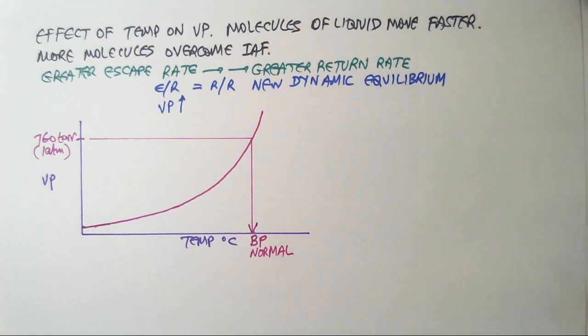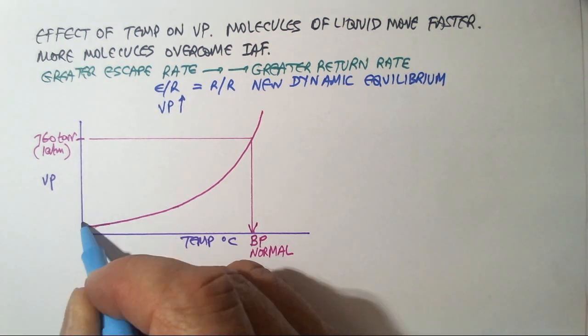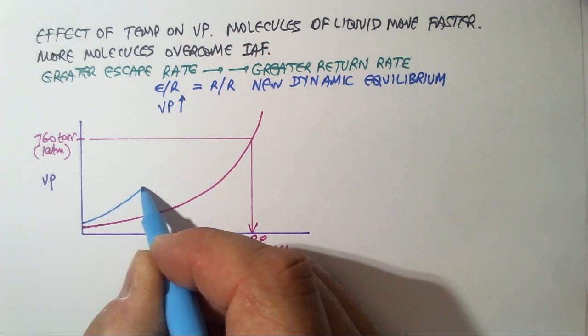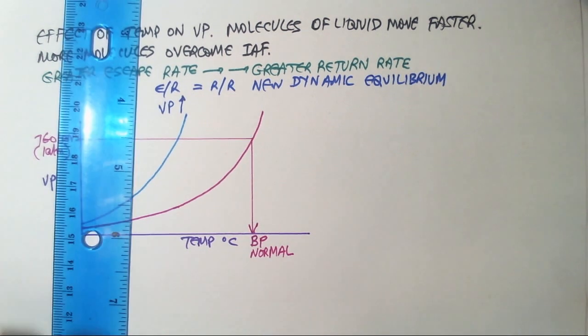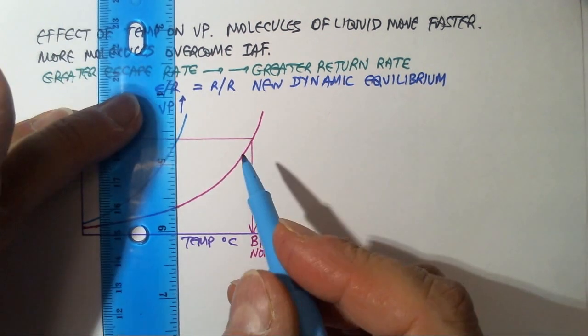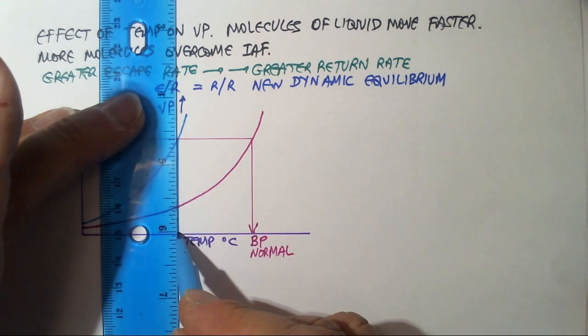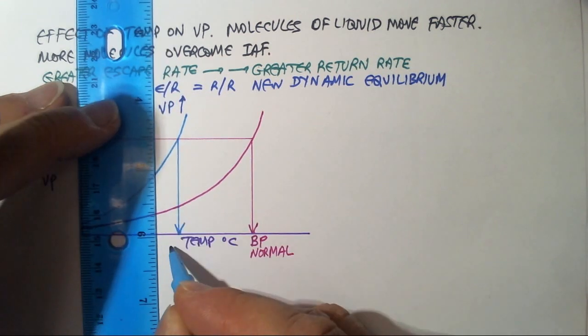Well, now let's suppose we have a different liquid. And, I don't know, maybe it looks like this. You can see that its vapor pressure is increasing much more rapidly. And so its boiling point is going to be quite a bit less than the first liquid. Well, why would that be?